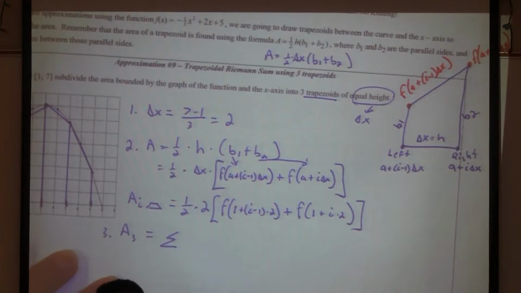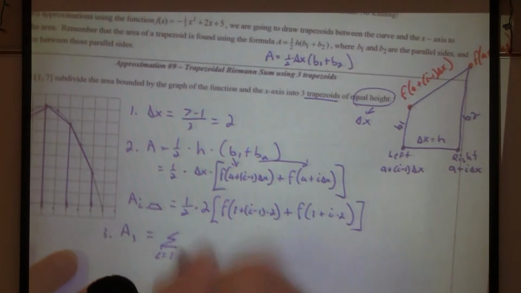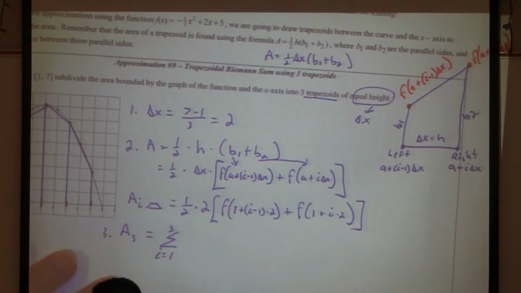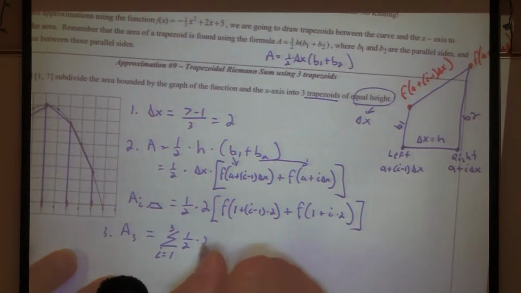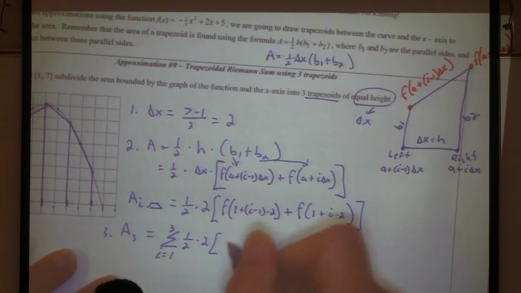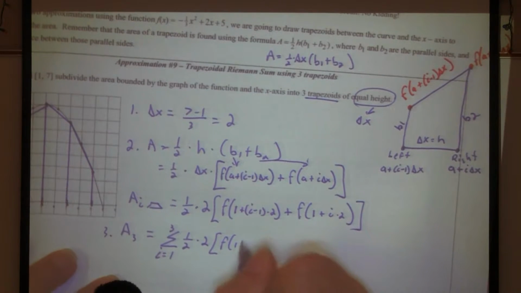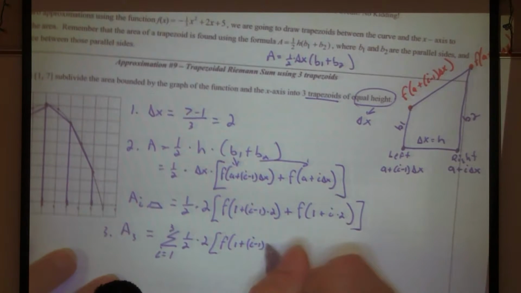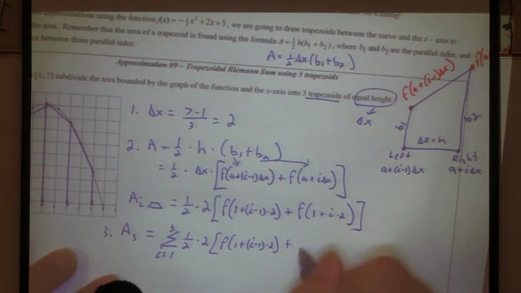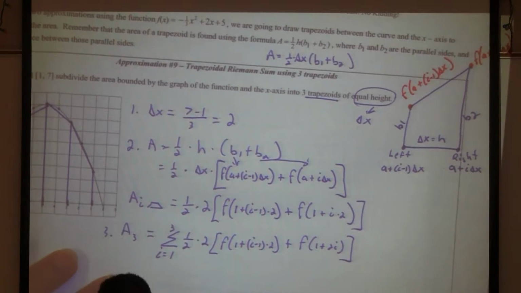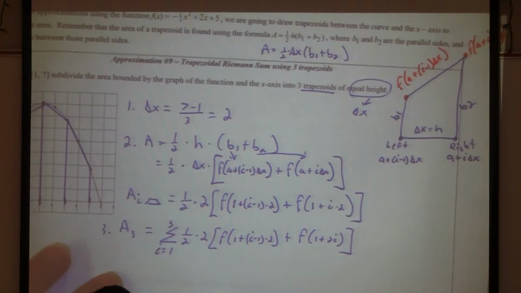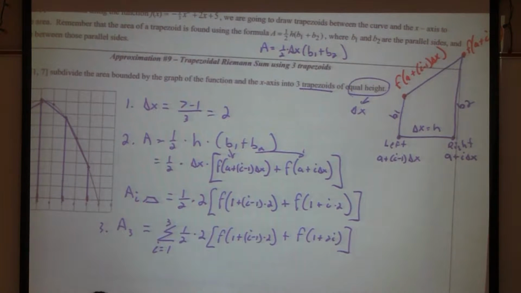The summation from i equals 1 to 3 of all that up there, right? 1/2 times 2 times f of 1 plus i minus 1 times 2 plus f of 1 plus, can I put 2i? And that should give me the answer. Yes?